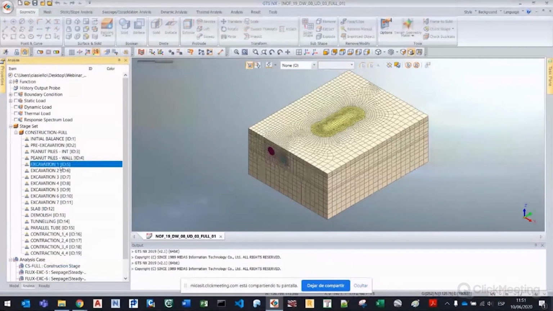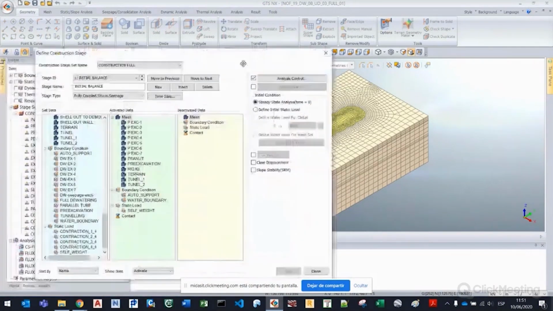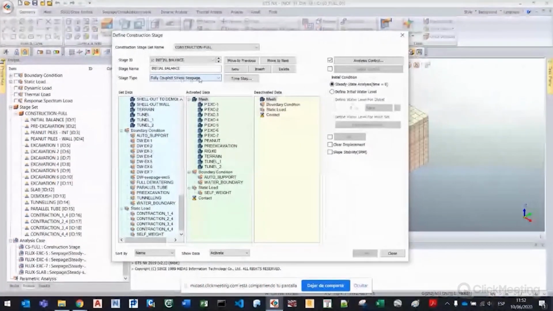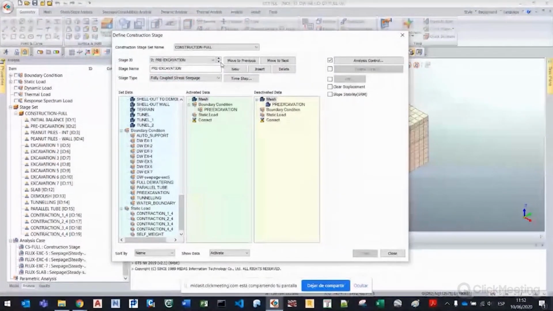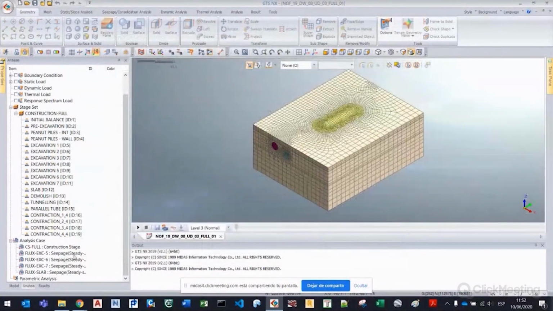Okay. So as you can see here, you have the excavation. They are completely steady state, but you have only one construction stage set. So for example, here you have a steady state. You see fully coupled stress seepage. So here we are calculating everything, all fully coupled, and the flow is calculated here.